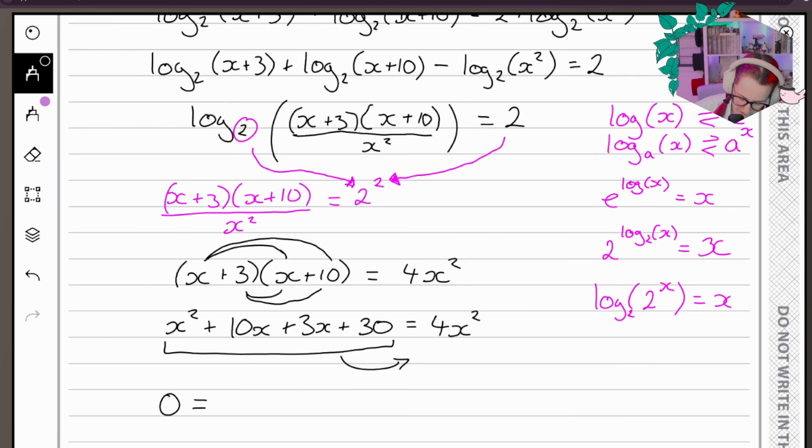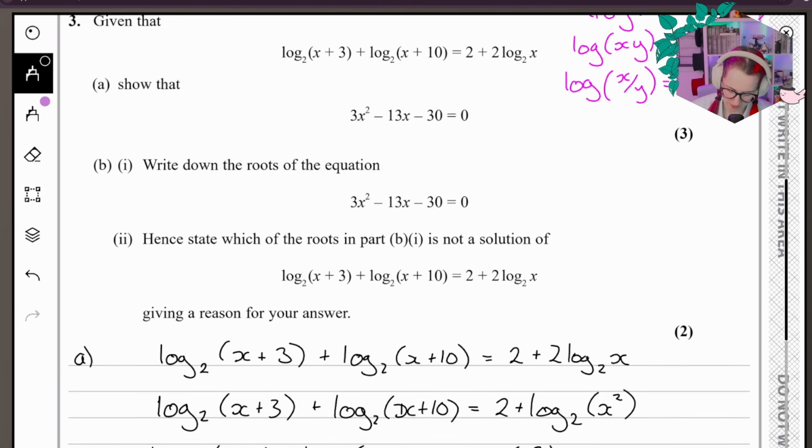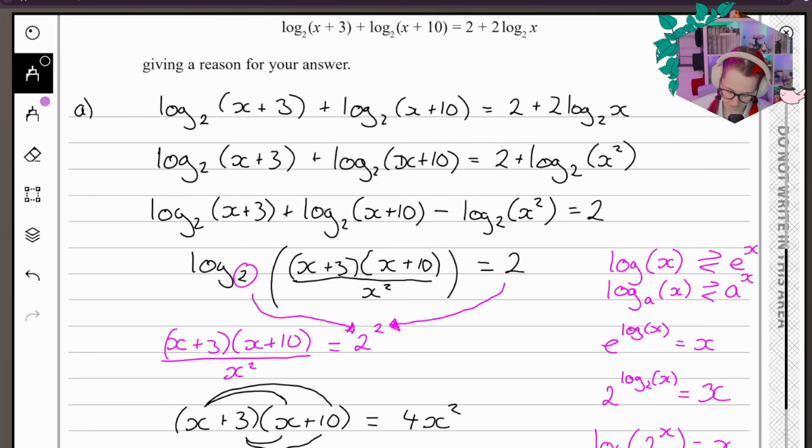So that's going to give me 0 equals 4x squared minus x squared minus 10x, sorry, minus 3x minus 30. And then we can simplify this. So we get 3x squared minus 13x minus 30, which hopefully is where we want it to be. It is, in fact, where we want it to be.